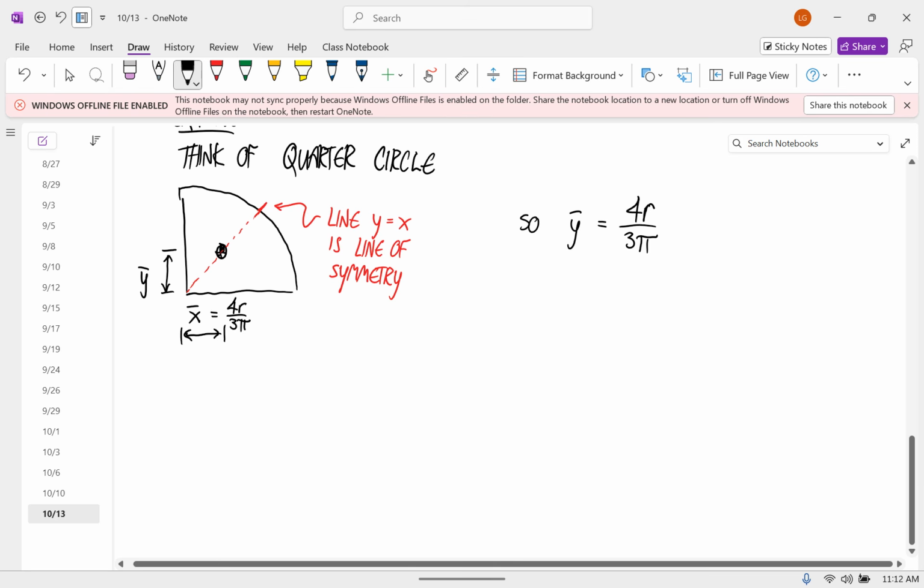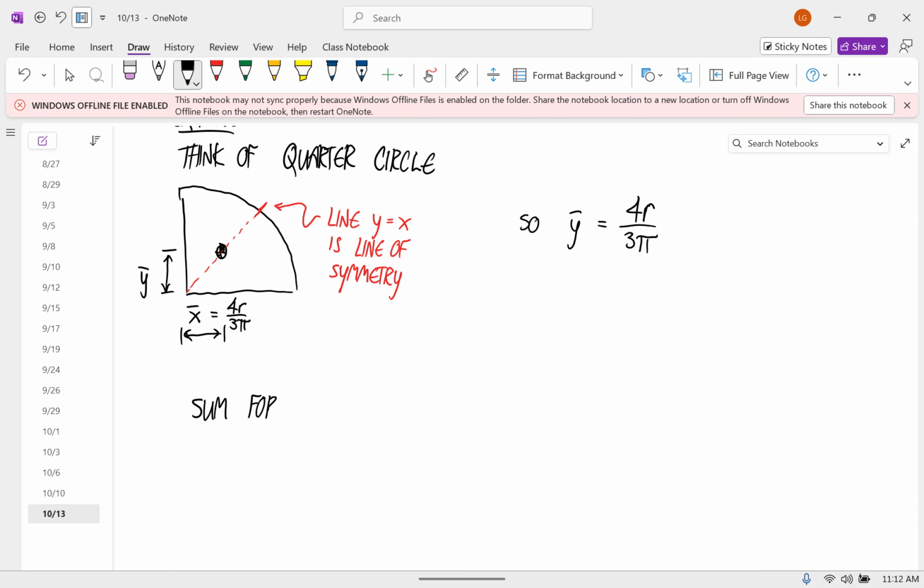And then the third thing is the sum formulas. This allows you to build up complicated shapes from simple shapes.